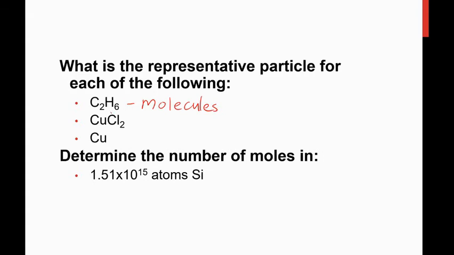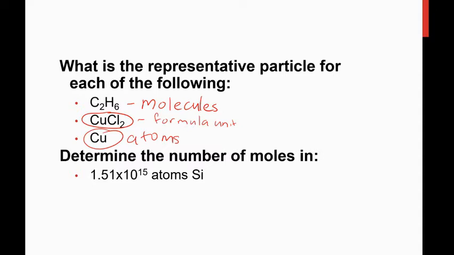Okay, here we have metal, nonmetal, that's copper(II) chloride. That's going to be ionic, so that's going to be a formula unit. And your representative particle here for copper is going to be an atom, or atoms, because it's a singular element from the periodic table.